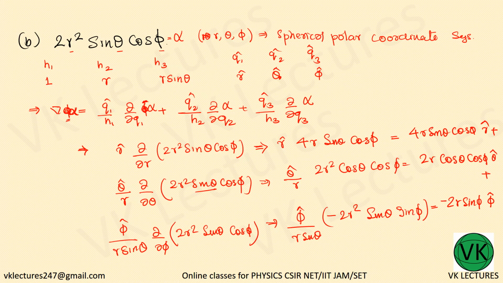You can find del alpha at minus 1, pi by 2. That is your work.